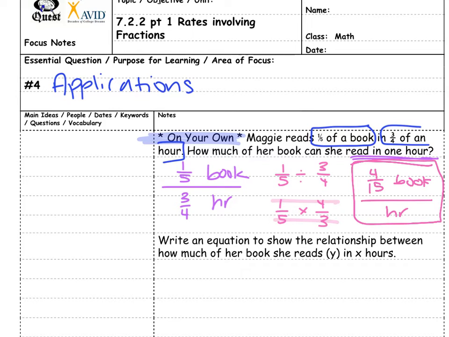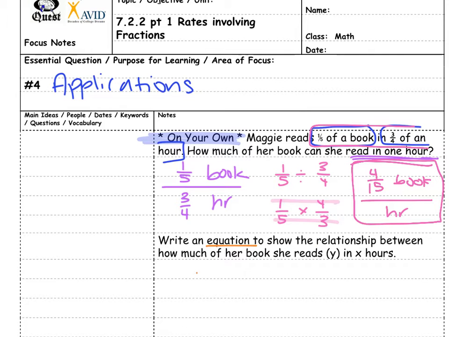So remember, our fraction answers have to be simplified. But other than that, they will generally be a fraction, and that's okay because we are dealing with fractions in this unit. Using that answer, it now wants us to write an equation to show the relationship of how much book she reads in X hours.